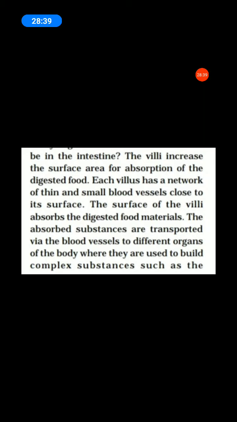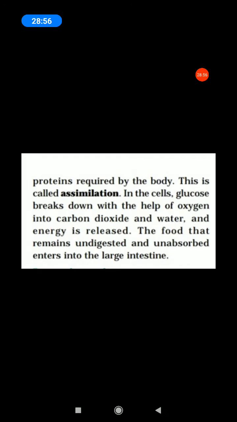The absorbed substances are transported by the blood vessels to different organs of the body where they are used to build complex substances such as the proteins required by the body. This is called assimilation.